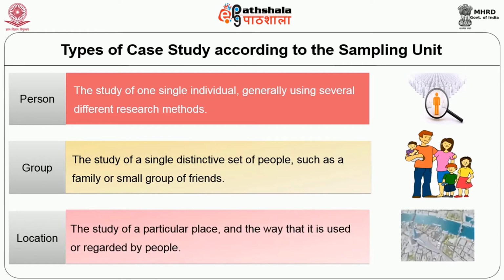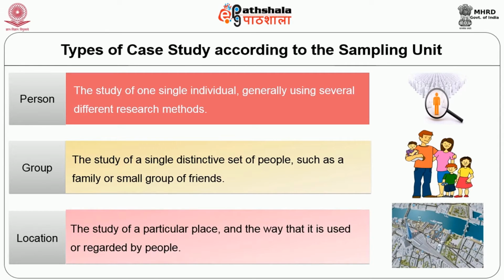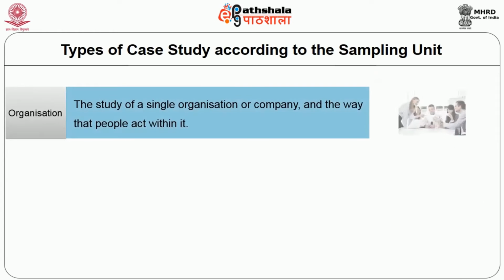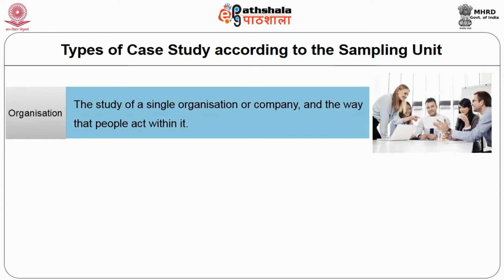It can be a location, which is the study of a particular place and the way that it is used or regarded by people. The sampling unit can be an organization, the study of a single organization or company and the way that people act within it.